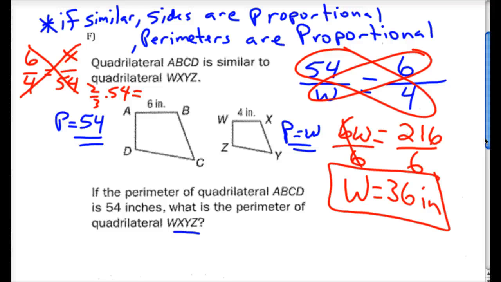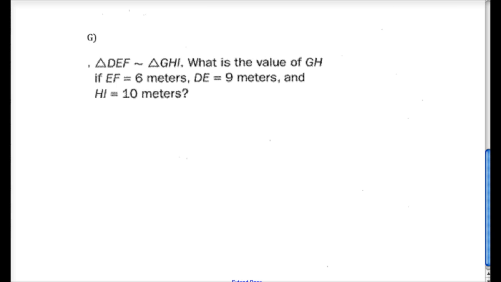Yeah, but I don't know why you would divide them. What they want you to do is set up proportions for this stuff, because we're learning that sides are proportional and perimeters are proportional. Does that answer your question or no? Set up a proportion.